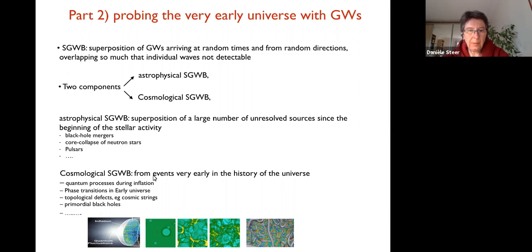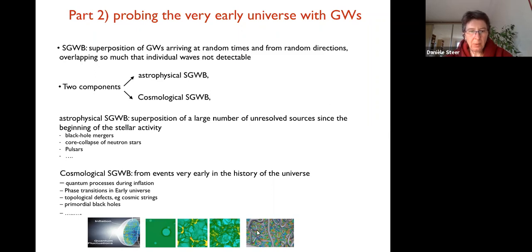So it comes from events very early in the history of the universe. And here I'm going to focus on a number of different events. I'm going to focus on a possible stochastic background generated by phase transitions in the early universe. Phase transitions can go through the expansion of bubbles and colliding bubbles, and these bubbles can create a background of gravitational waves.